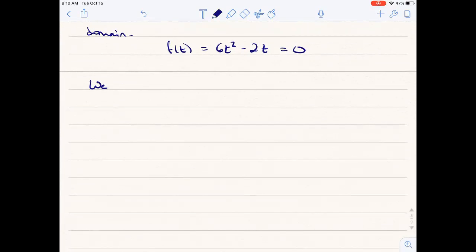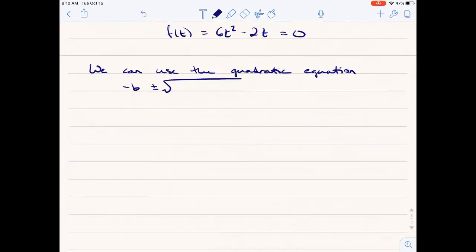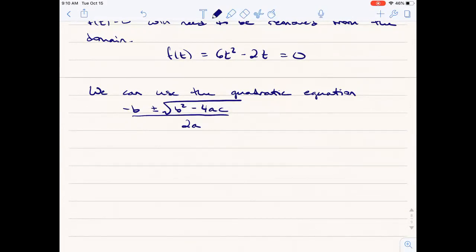I'll say we can use the quadratic equation, which is negative b plus or minus the square root of b squared minus 4ac, all over 2a, if you haven't memorized it already. So you just put 0 into that equation, and there you got your a, b, c.